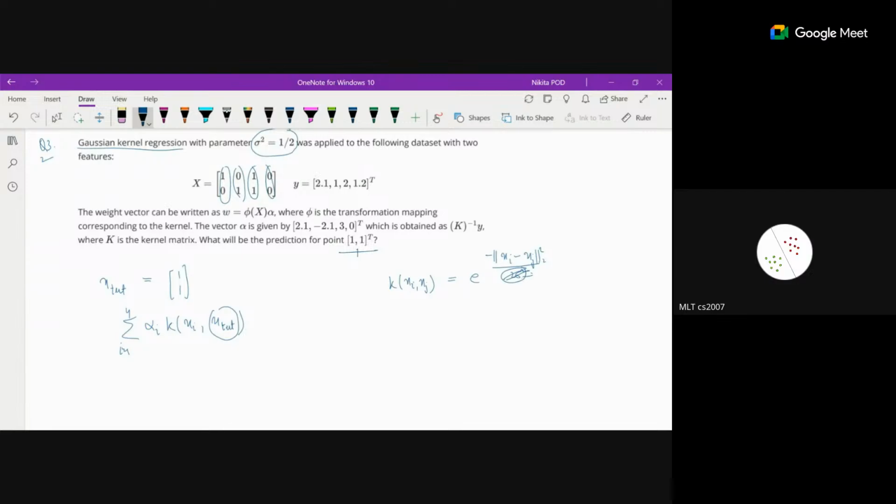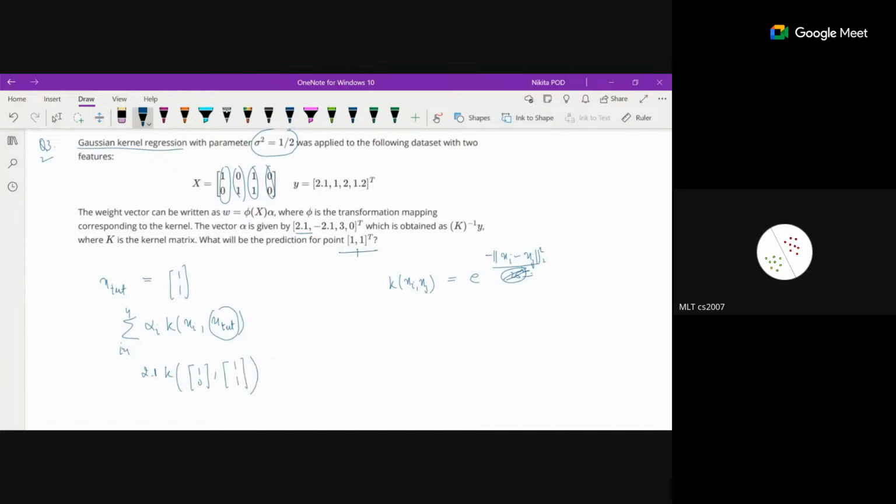So what is alpha 1? This is 2.1 times k of xi, which is 1 0, comma 1 1.